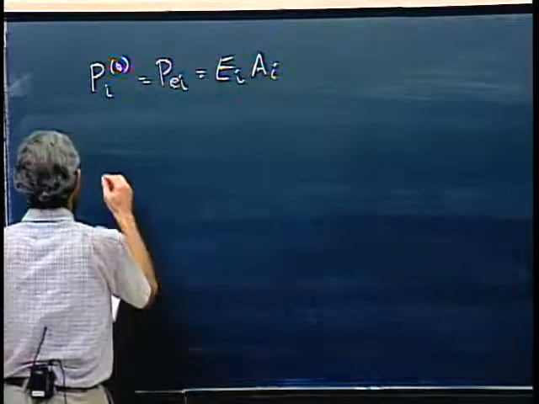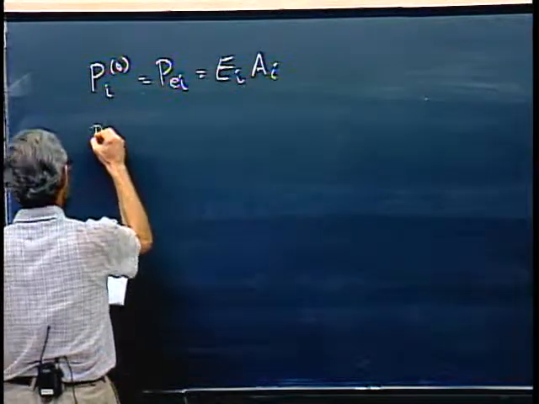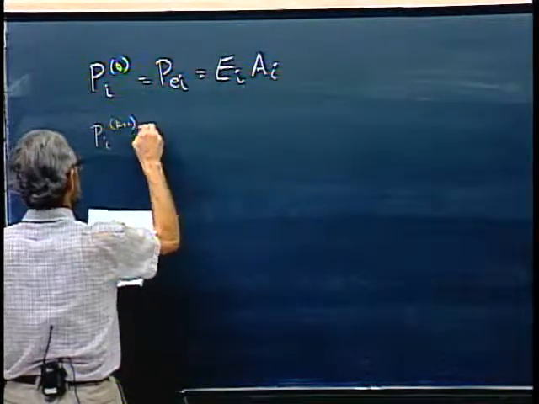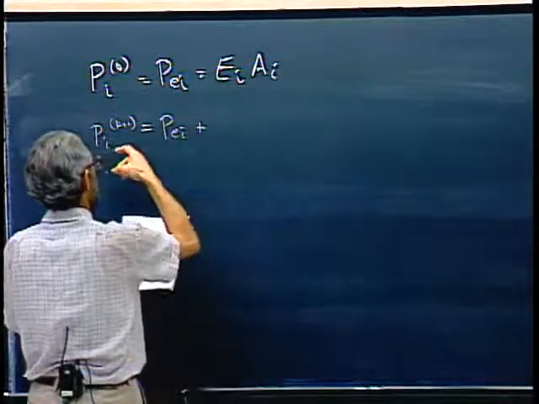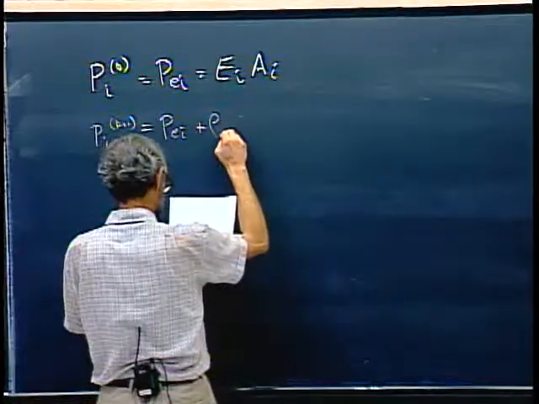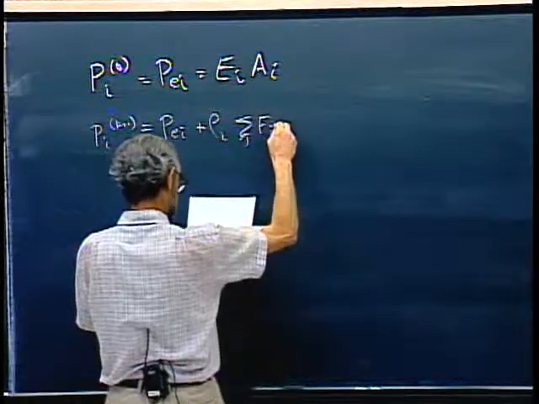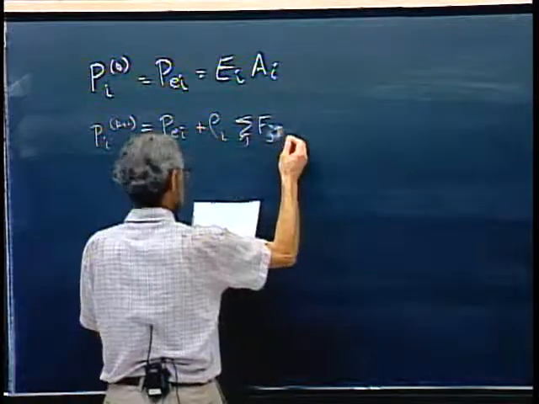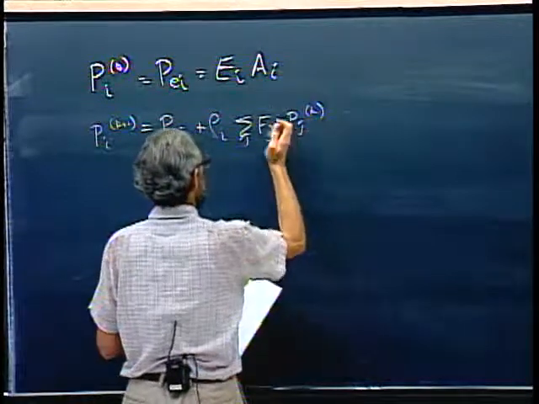And then Pi to the k plus 1 equals Pei, for all i, plus rho i times the sum of Fji times Pj to the k.